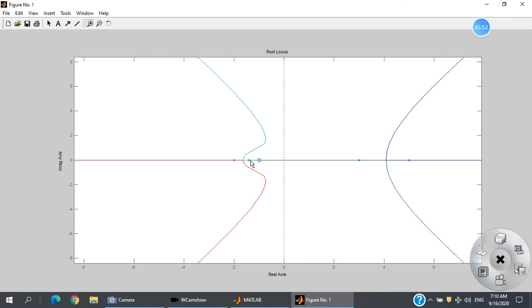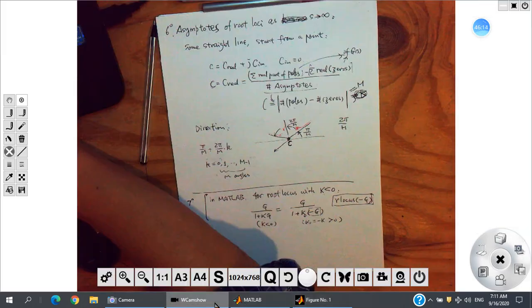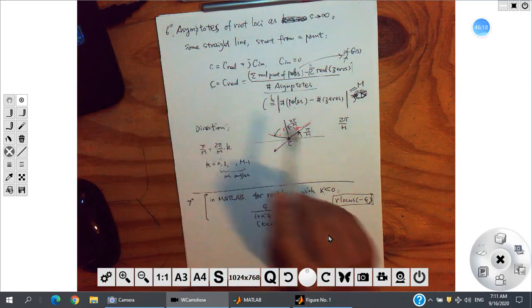Then this part is positive k, this part negative k, and positive k again, and negative k. So it is alternating. The whole real axis is separated into several pieces, and on each piece k is positive or negative, alternately.